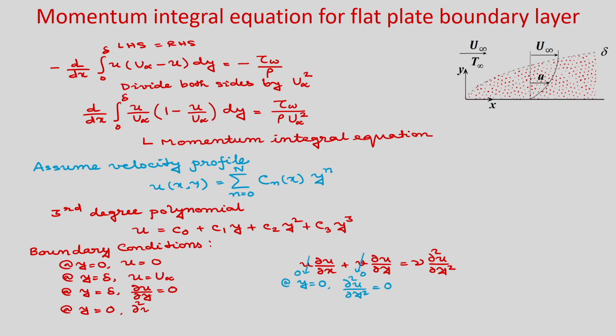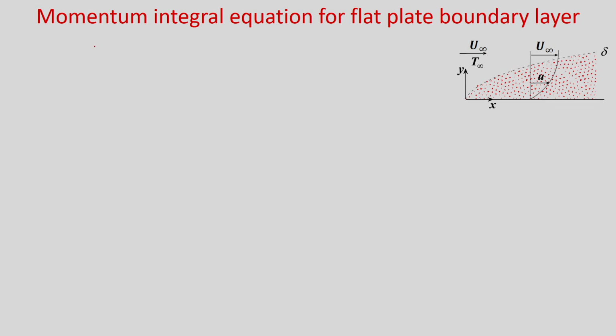So, del 2 u by del y square is equal to 0. Okay. So, now you have 4 boundary conditions. So, find these 4 coefficients. So, we have u as C0 plus C1 y plus C2 y square plus C3 y cube, right.